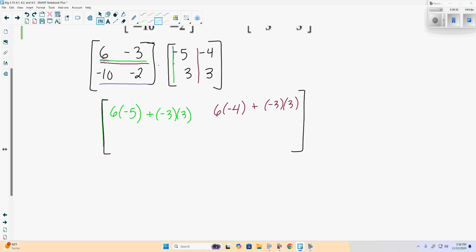Now we're going to move on and do the same thing, but this time with the second row and first column. So I'll have negative 10 times negative 5 plus negative 2 times 3.